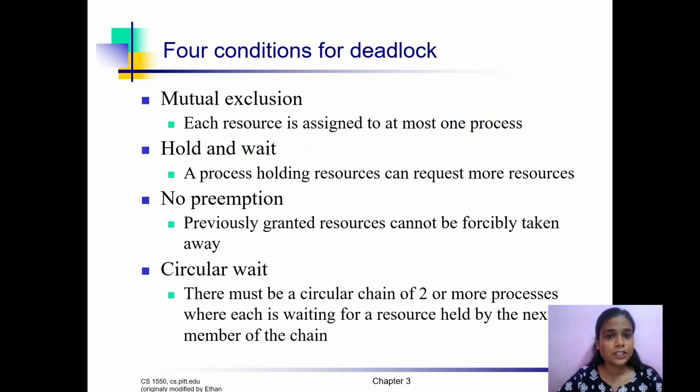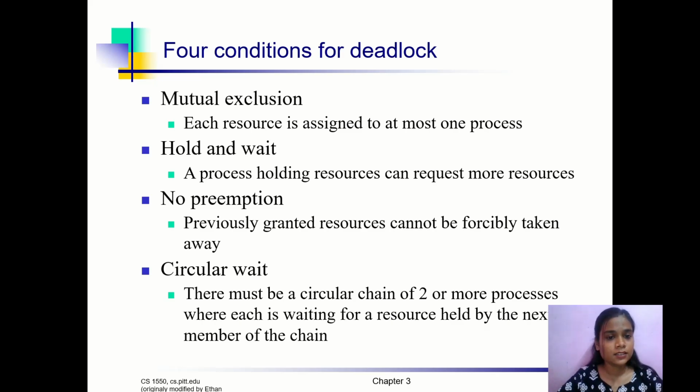These are the four conditions for deadlock. First is mutual exclusion. In this, each resource is assigned to at most one process. Second condition is hold and wait. In this, a process holding resources can request more resources.